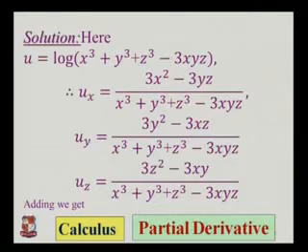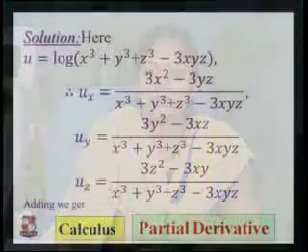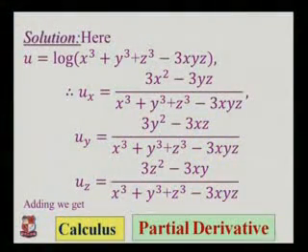In the same way, we can do this with respect to y also. So for del u by del y, we take the derivative here. The derivative of log t is 1 by t, so we have 1 upon x cube plus y cube plus z cube minus 3xyz. Derivative of x cube is 0.